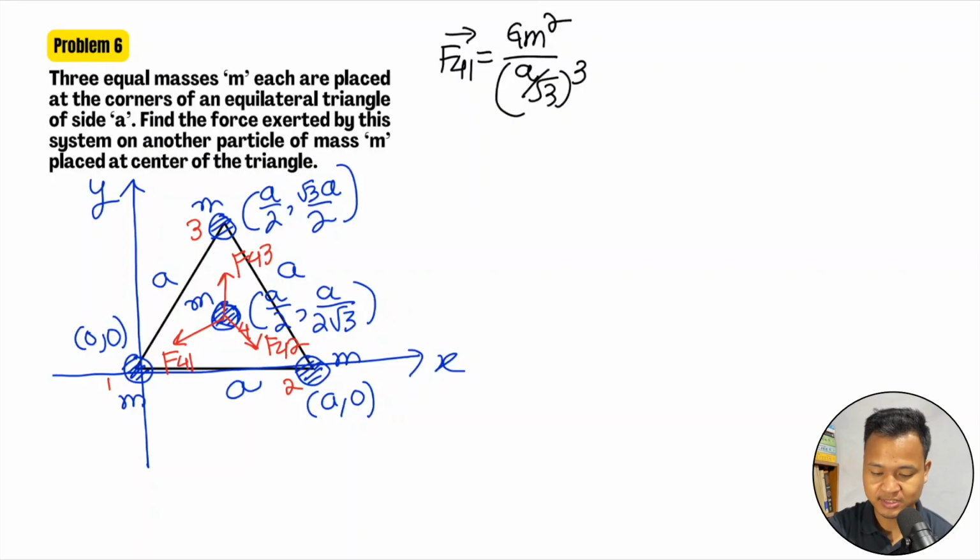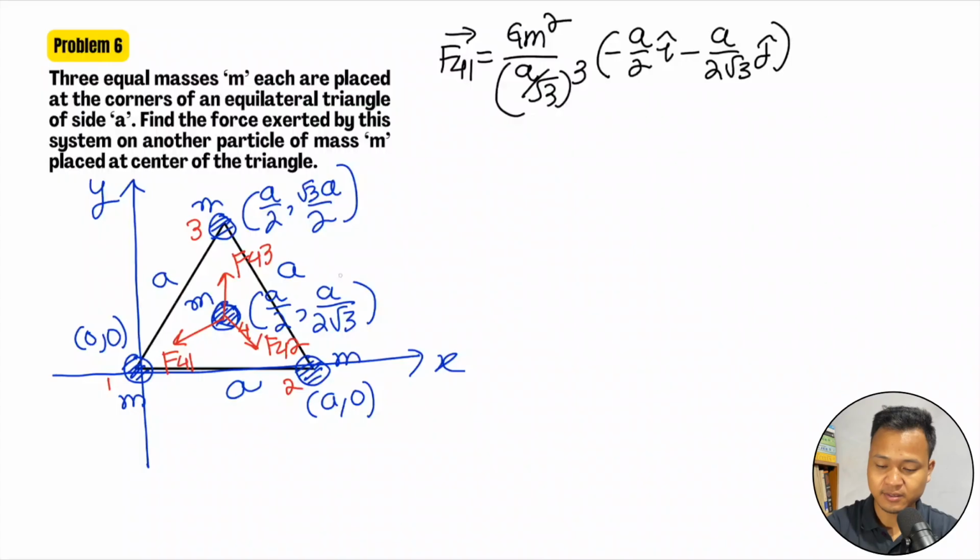Then into the force direction, the velocity of force on 4 due to 1. So therefore this is your final vector and this is your initial vector. Okay, so final minus initial, so therefore I have 0 minus a by 2 I cap plus 0 minus a by 2 root 3 z cap.